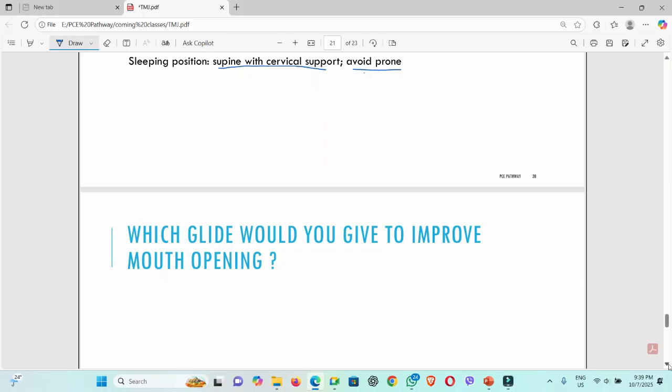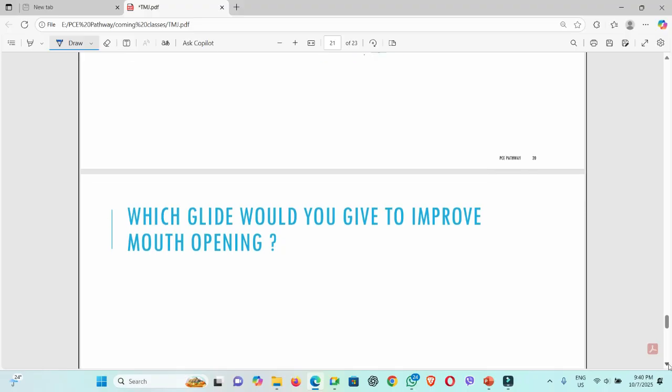Okay, which glide would you give to improve mouth opening, guys? Come on. Anterior. Anterior, inferior, so antero-inferior. I hope all of you are thinking at least. Those who are not talking.